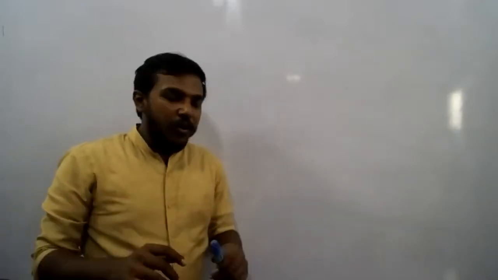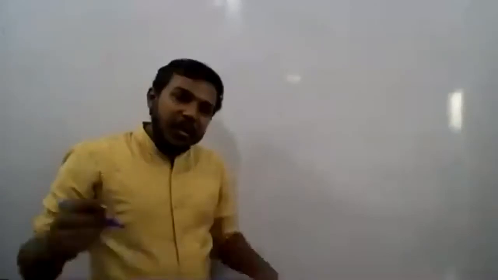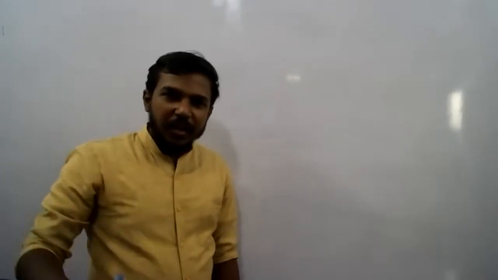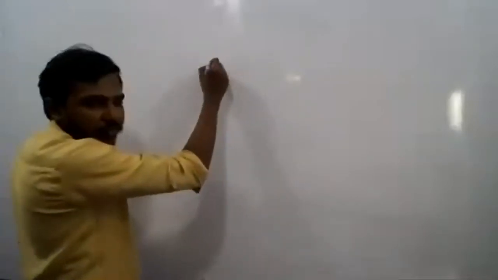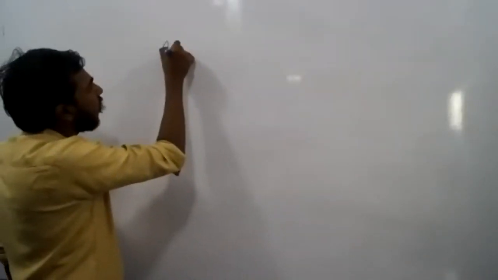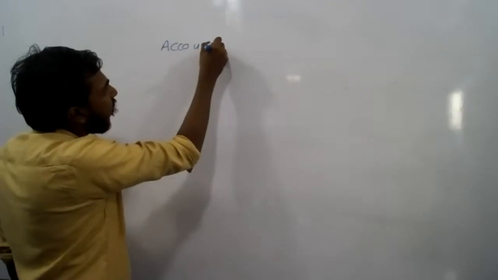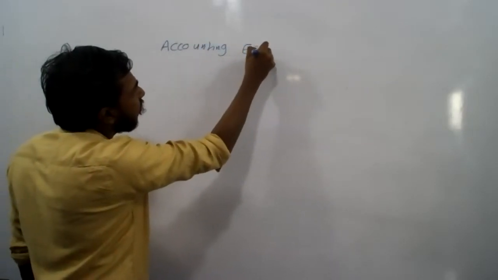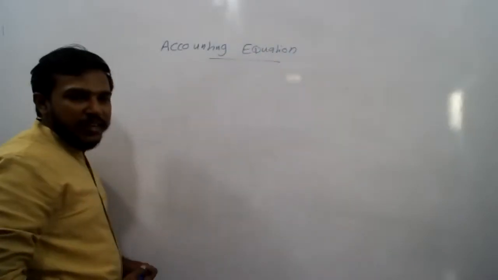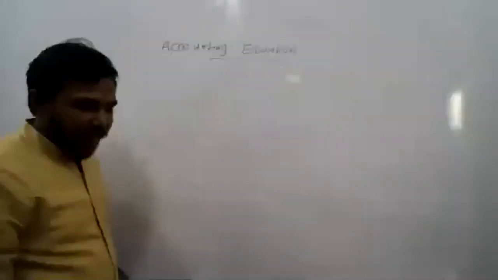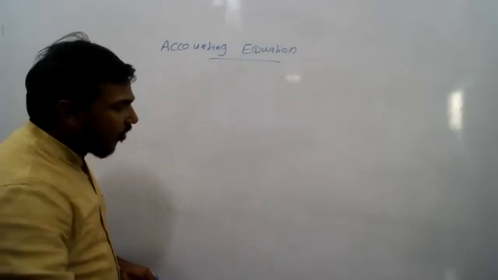Now you all know there is an accounting equation. Today's lesson is also regarding the accounting equation. So now we'll say basic accounting equation. Basic accounting equation, right? There are 5 family members.